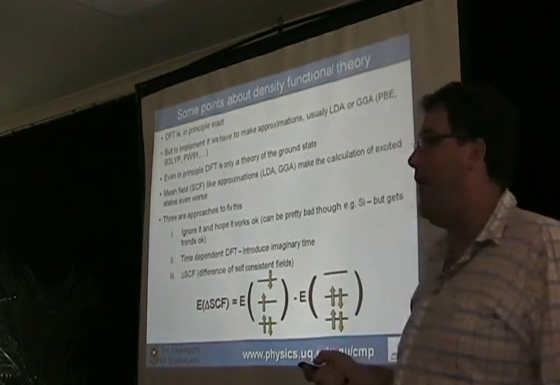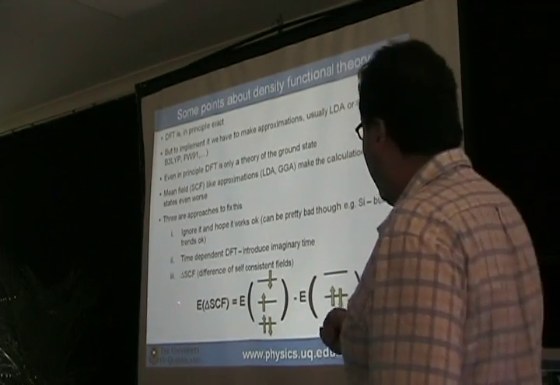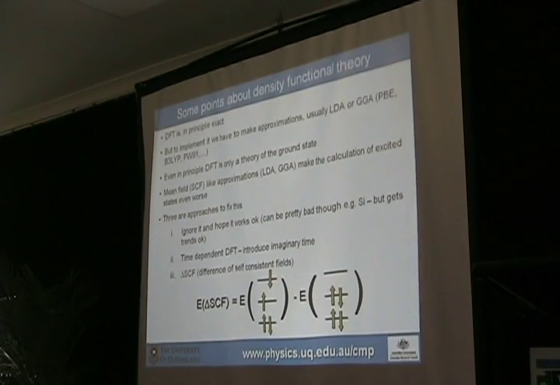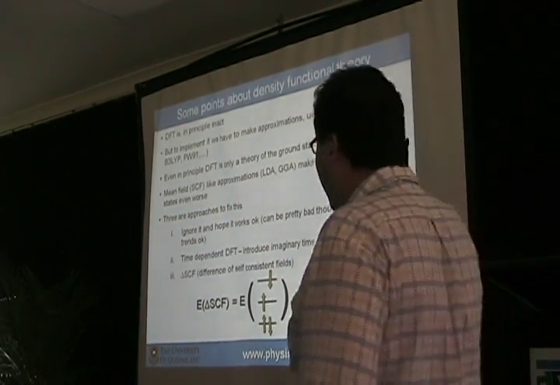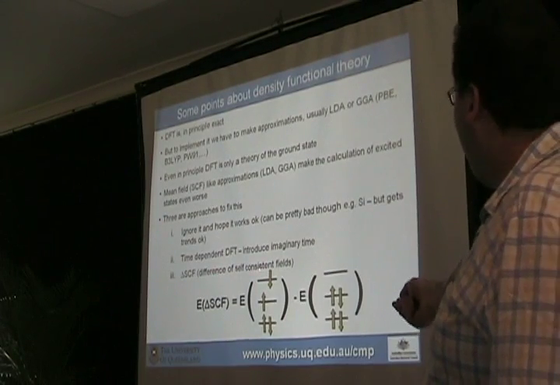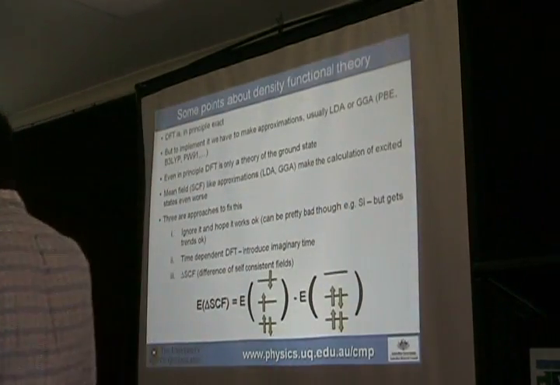It turns out this gives you a much better estimate of the excitation energy than just taking the Kohn-Sham eigenvalues and interpreting them as if they were eigenvalues in the Schrödinger equation. Empirically it's found that this is almost as accurate as doing time-dependent much of the time.